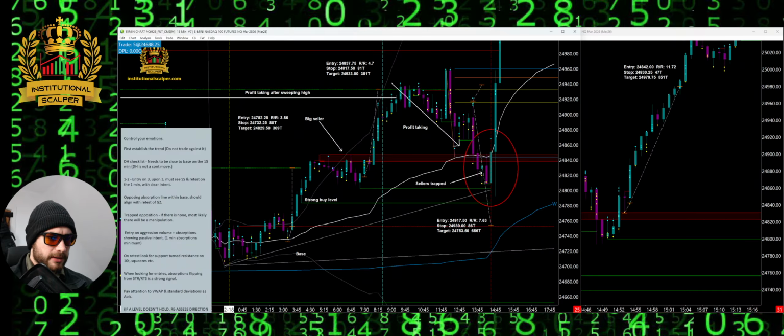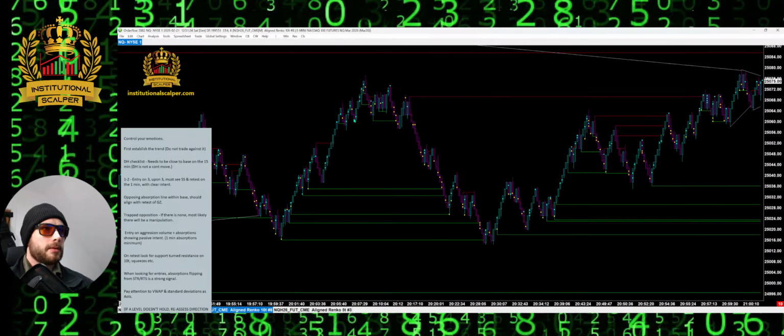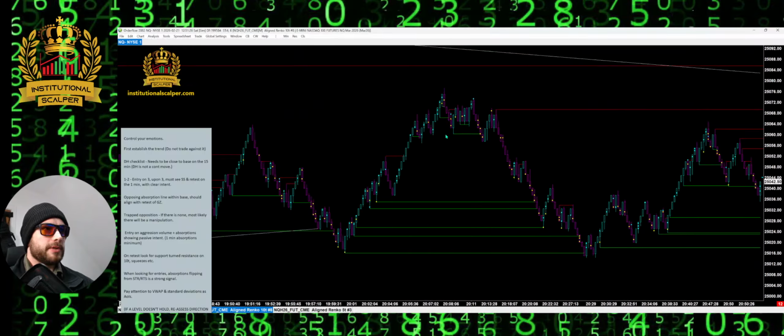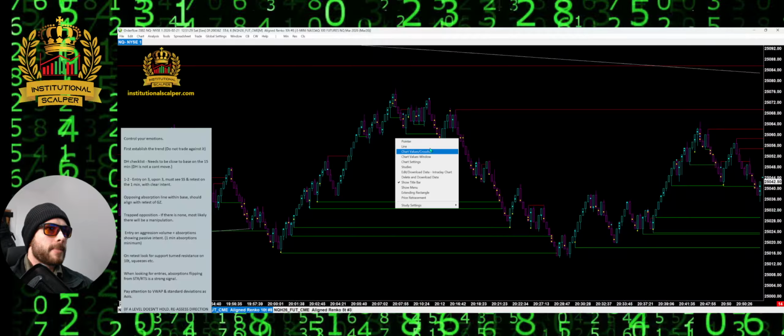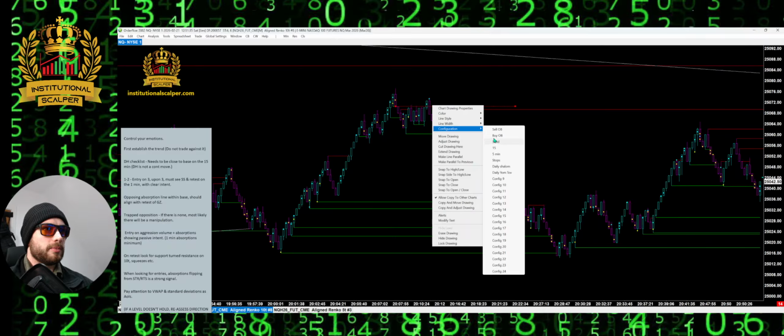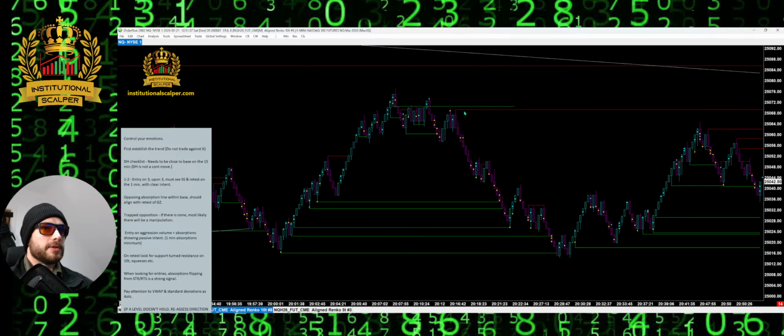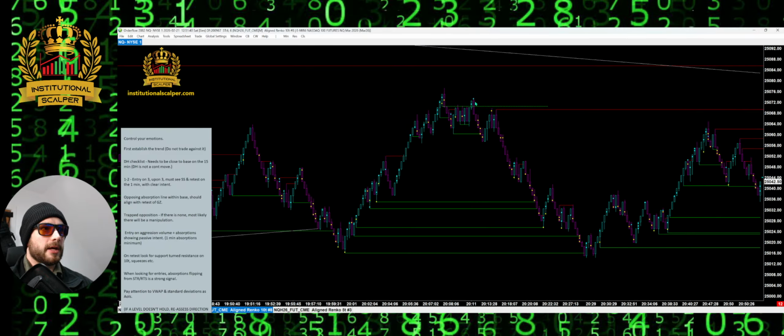Let's see if I can find an example. So I've just pulled this up randomly. So if you were looking for a sell, that's your uppermost absorption line. Most of the time, it will retest that.